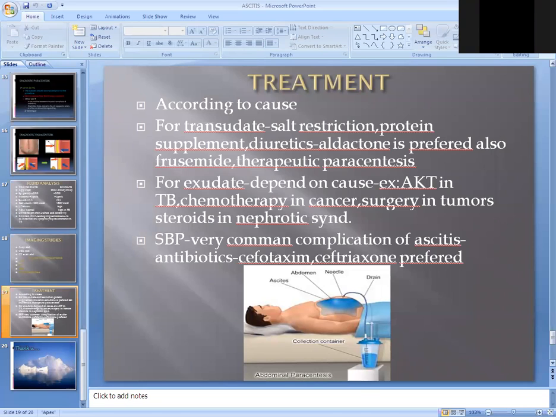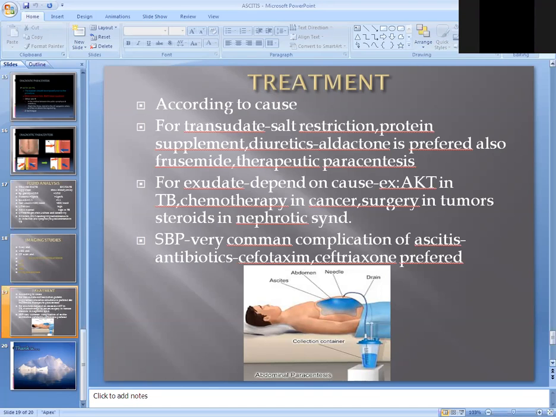There is high ADH, that is antidiuretic hormone, and high aldosterone level. So you have to give an aldosterone antagonist as the treatment. Aldactone is an aldosterone antagonist, so the preferred drug in diuretics is Aldactone. You can also use furosemide.